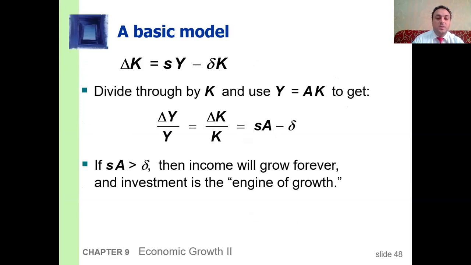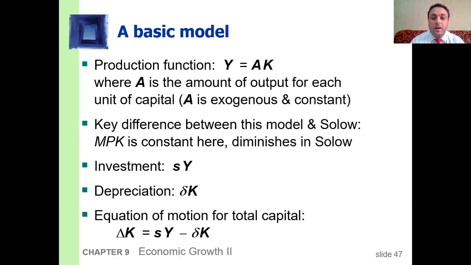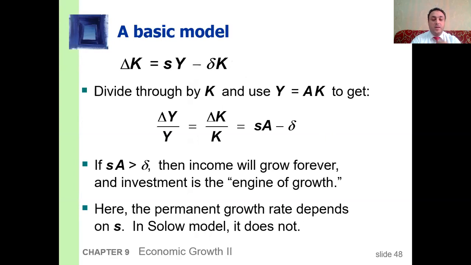In this case, if saving is more than the depreciation rate, then income will grow forever, and investment is the engine of growth. Here, the permanent growth rate depends on saving, but in the Solow model, it doesn't.